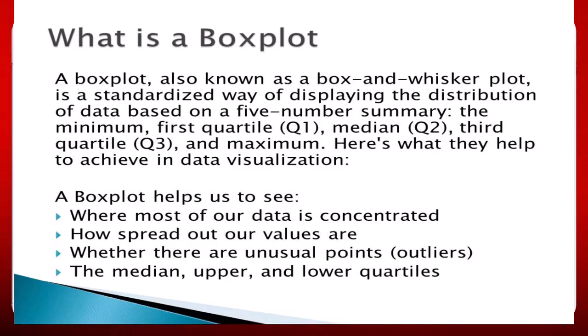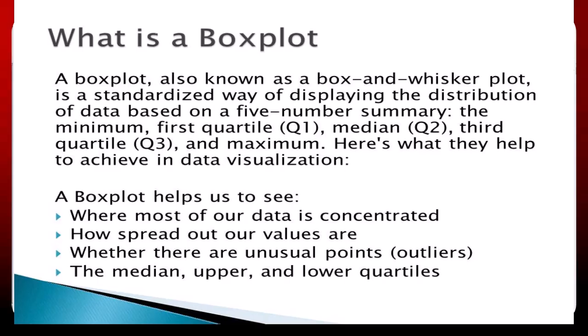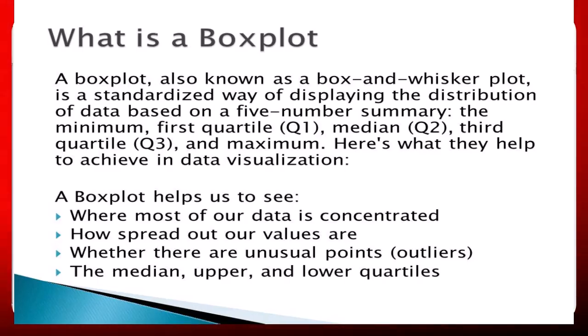It shows the minimum of the data, the median, the maximum of the data, the first quartile, and the third quartile. These are the five things that we can find in our box plot.